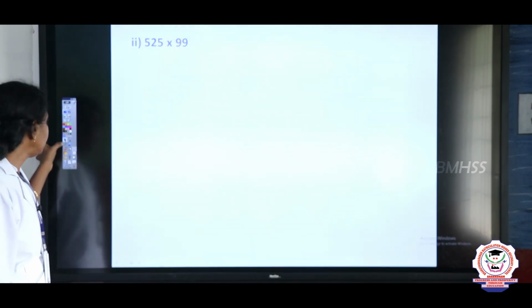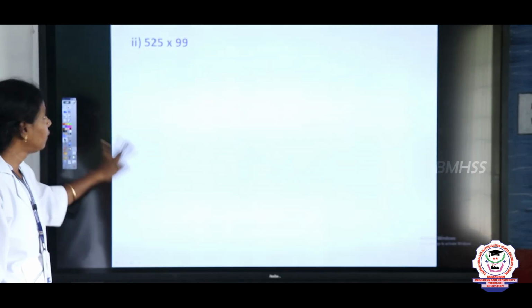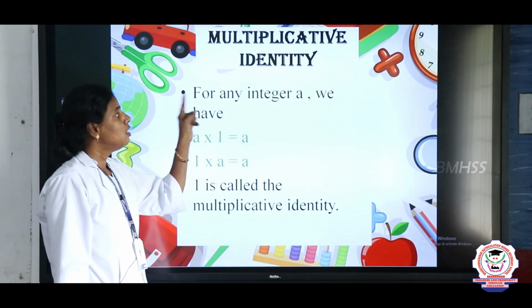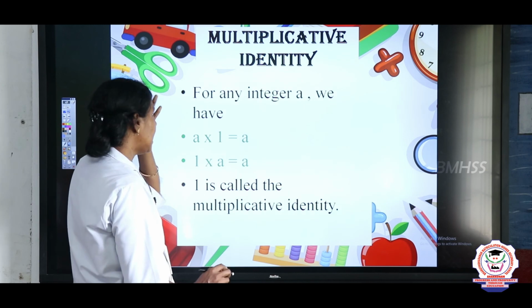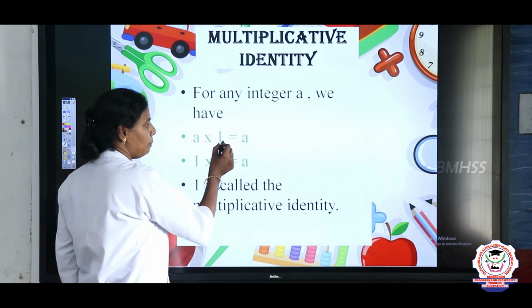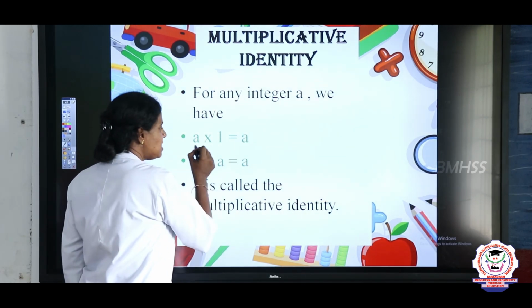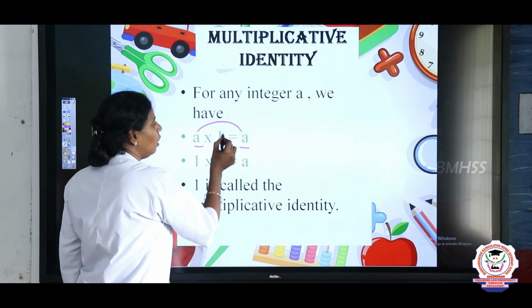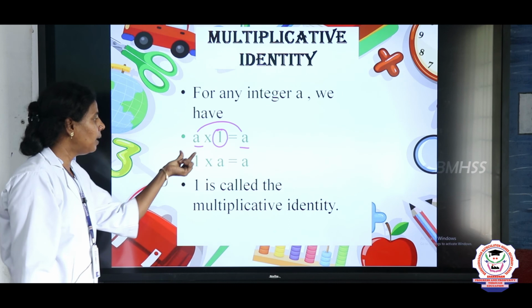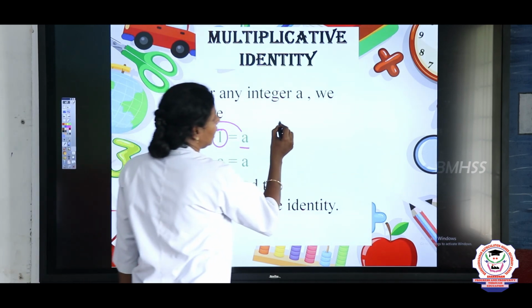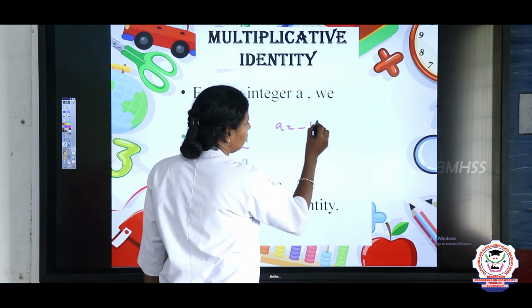multiplicative identity. Multiplicative identity is nothing but, already we have seen what identity is. When an integer is multiplied by 1, we get the same integer. Then here 1 is the multiplicative identity. So, for example, we take an integer like a equals minus 5.